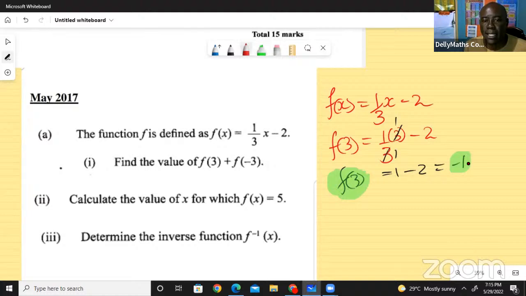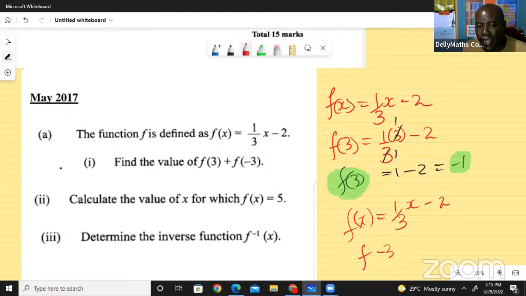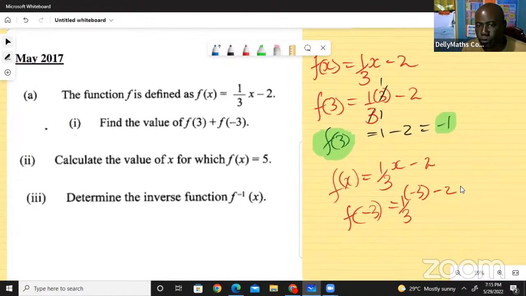All right, let me go for the other. So f of x is equal to 1/3 x minus 2. So if I'm doing f of -3, I'm getting 1/3 with a -3 minus 2. This into this one, this into this one.